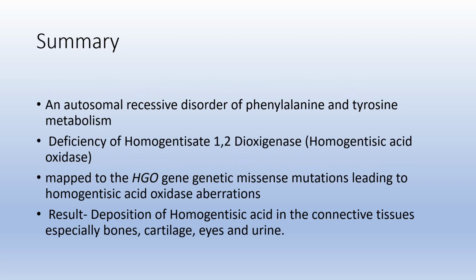To summarize the etiopathogenesis, ochronosis is an autosomal recessive disorder of phenylalanine and tyrosine catabolic metabolism, and it is due to the deficiency of homogentisate 1,2-dioxygenase or homogentisic acid oxidase enzyme, which leads to the accumulation of homogentisic acid within the connective tissues, and the polymerization of which leads to bluish-black discoloration of the connective tissues within the body. This is mapped to the HGO gene missense mutations, leading to homogentisic acid oxidase aberrations, and the result of this is the deposition, as previously mentioned.